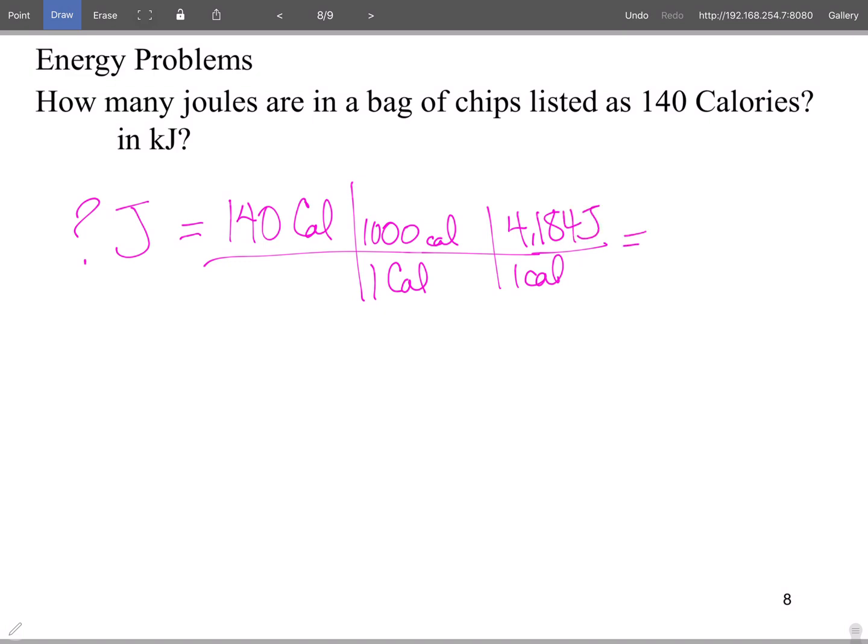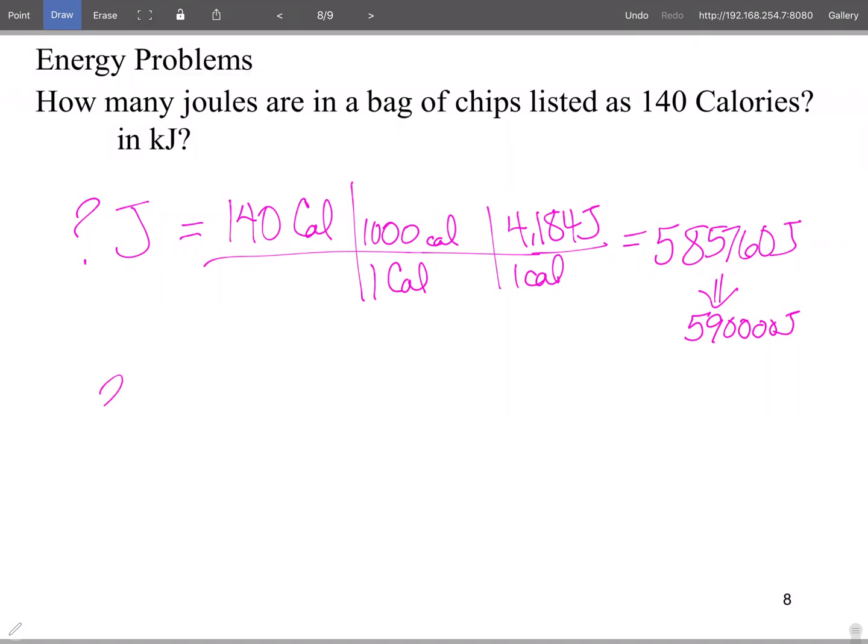So when we do the math, we get 585,760 joules. Okay. And if we were doing significant figures, we would report it as 5900. How many zeros? 1, 2, 3, 4 joules.